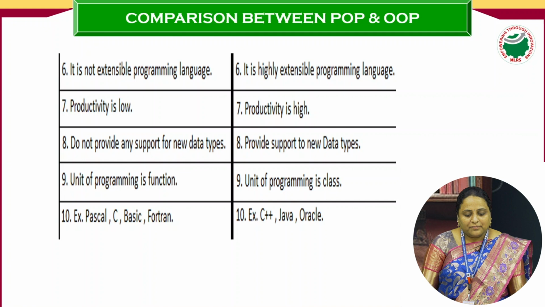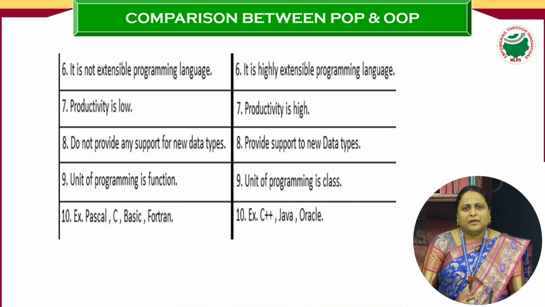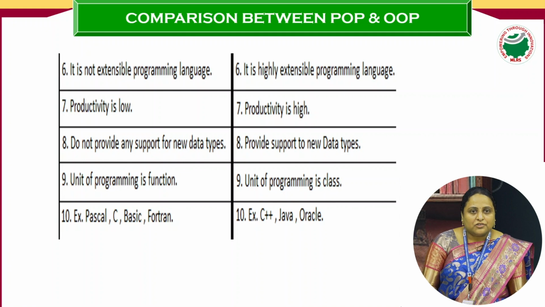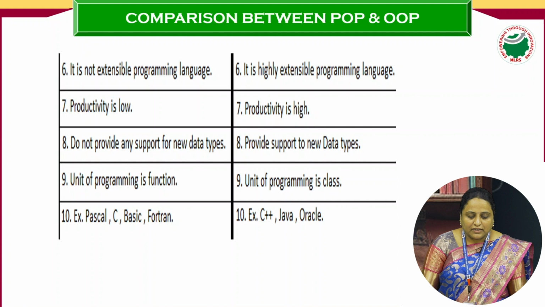And next, it does not support new data types, because whatever old data types we have, like integer and float, apart from these few data types it doesn't support more. But coming to object oriented programming, we have the feasibility to include more data types.